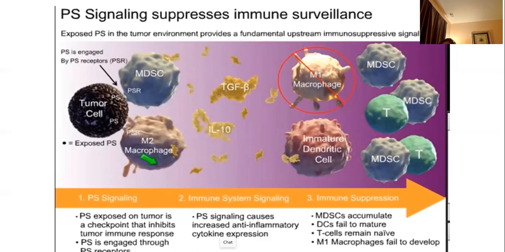So what we will do, if we have antibodies that will block the phosphatidylserine, then there will be no more PS signaling in that tumor, in those macrophages. Then what will happen to those macrophages?